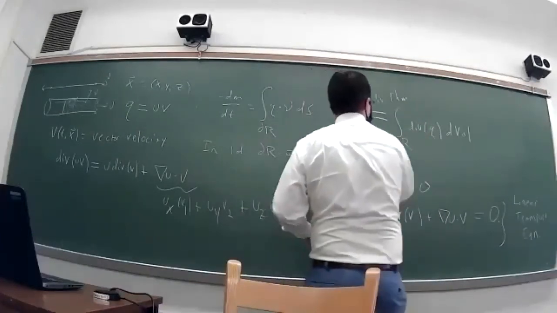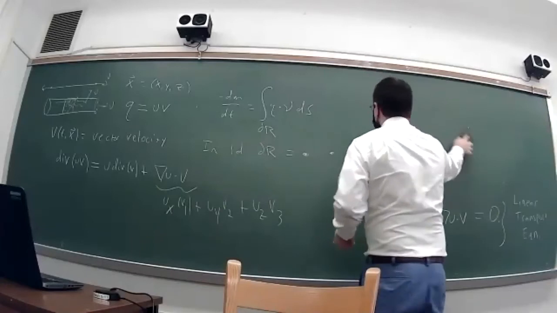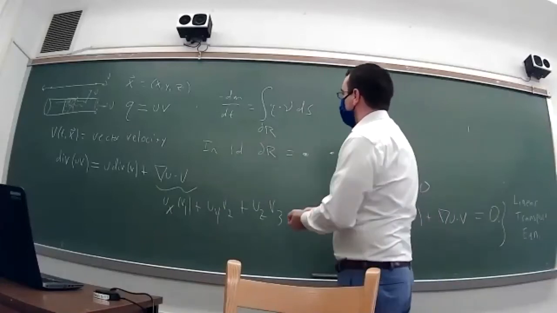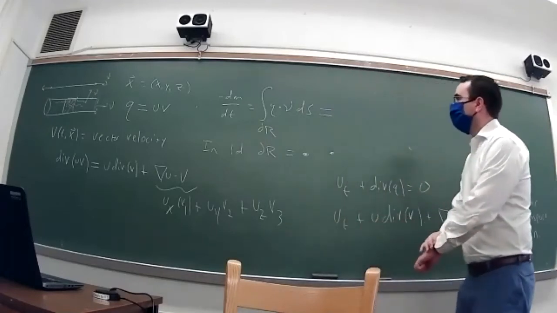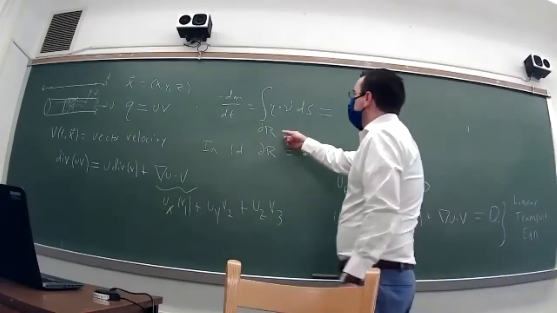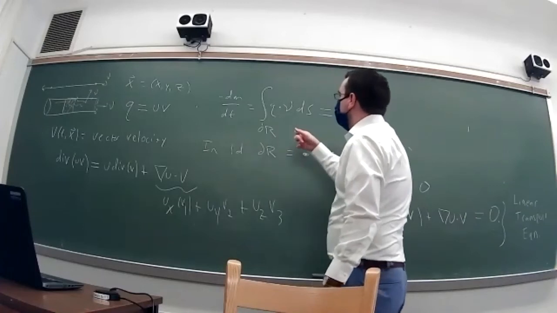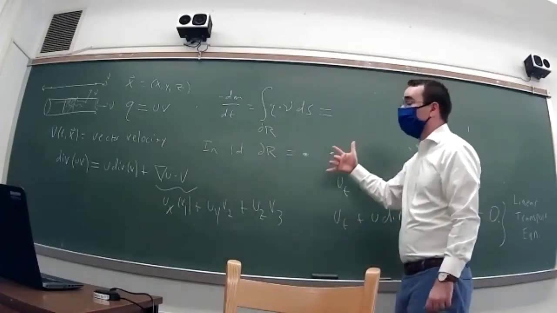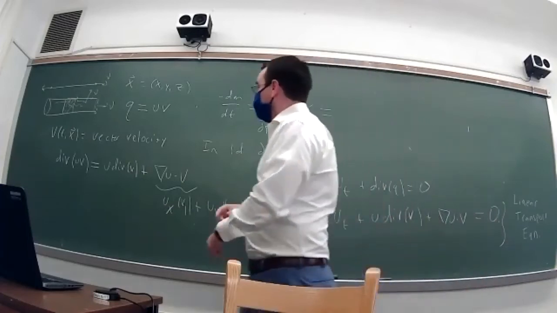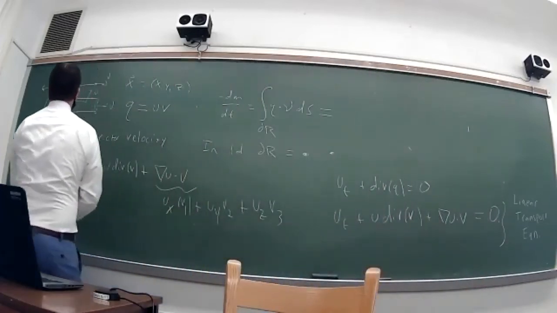Q had this interpretation where this was supposed to equal the amount of mass exiting through the boundary at that time. So how can we do that?